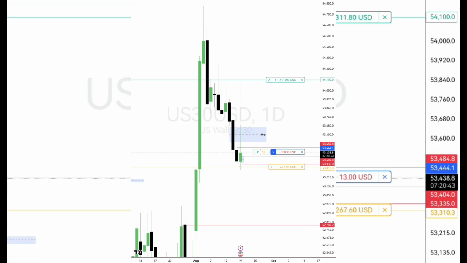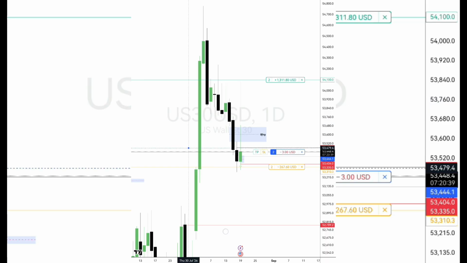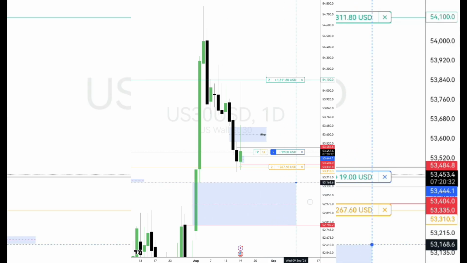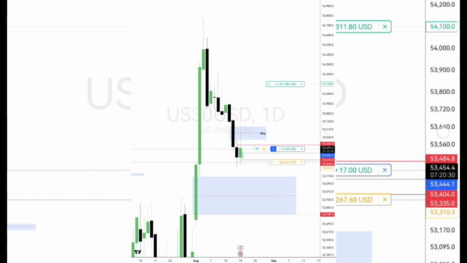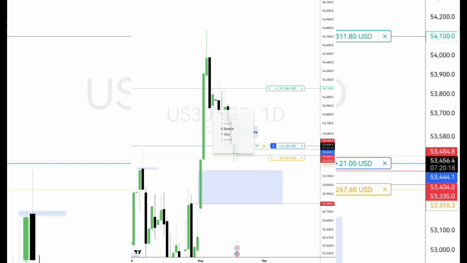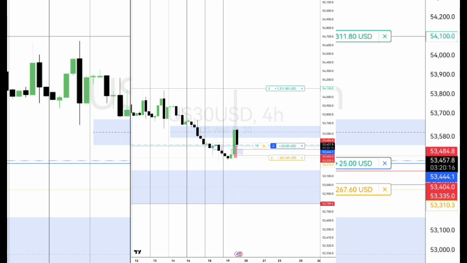If anything, I'm supposed to be selling, expecting price to drop into this area. I'm just contradicting myself right now. See here? That's where I'm supposed to be expecting price to go. If anything, I'm supposed to be expecting price to do that, since this is a bearish fair value gap. That's my observation as I'm in this trade.